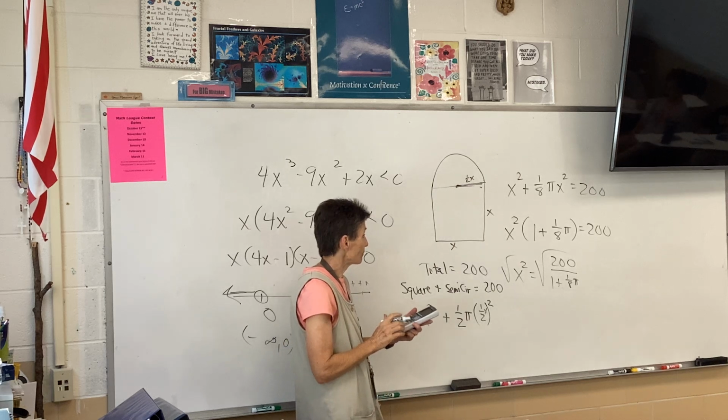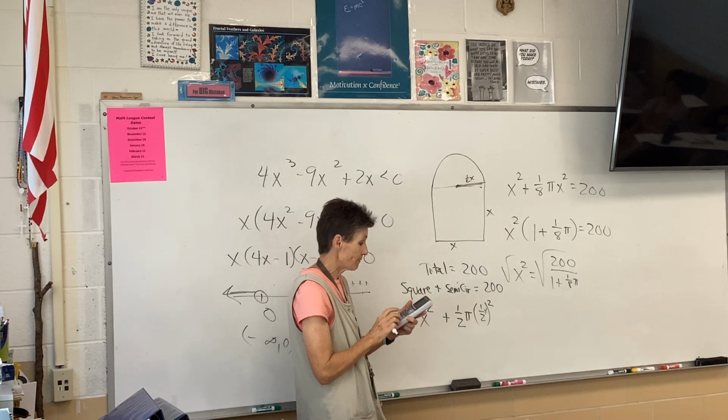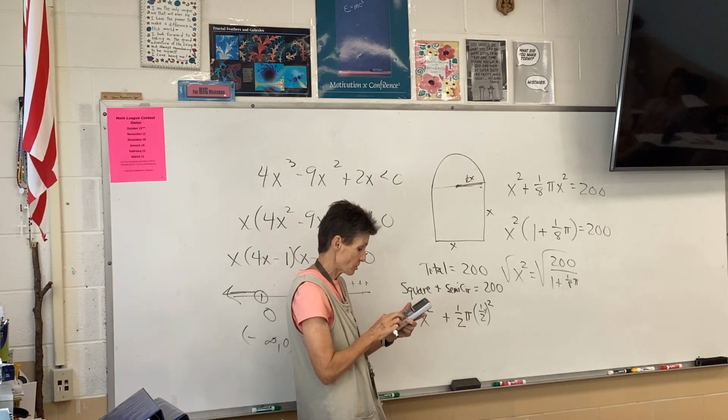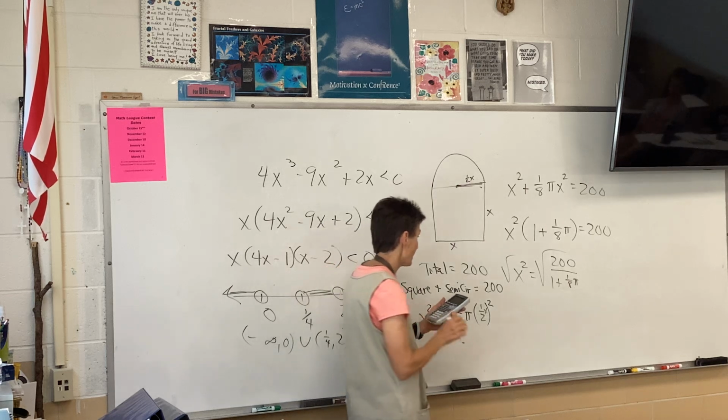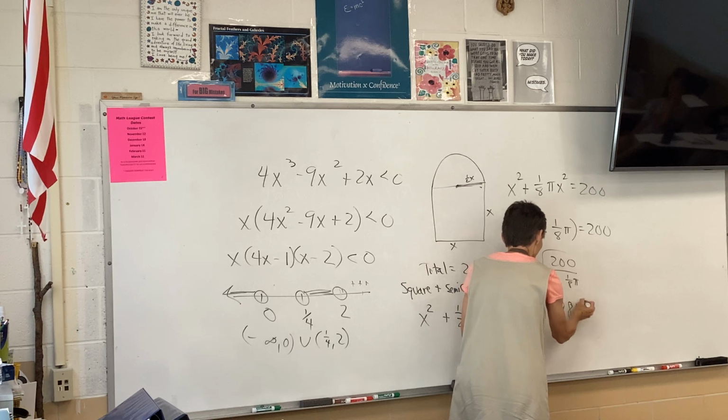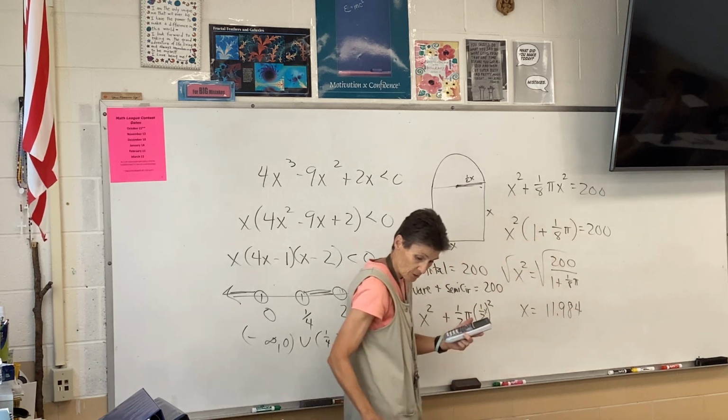So, 200 divided by parentheses 1 plus 1/8 pi equals, and then I'll square root that. I got x equals 11.984 inches, feet.